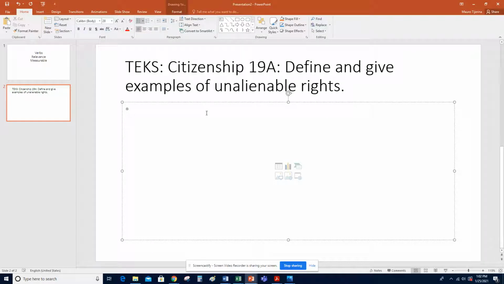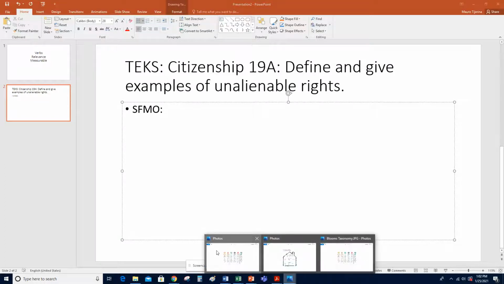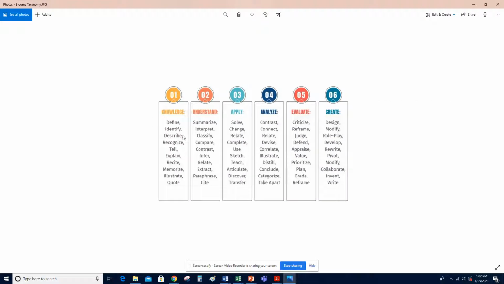So let me look for what I'm referring to. This is Bloom's taxonomy: knowledge, understanding, apply, analyze, evaluate, and create.